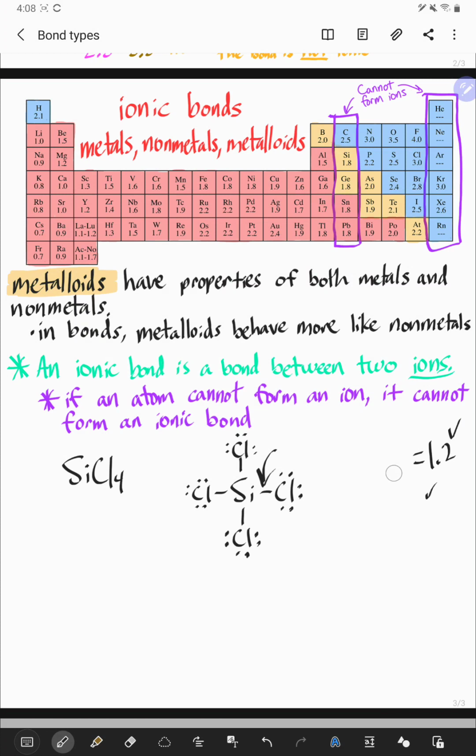For multiple reasons, we know that this is not an ionic bond.